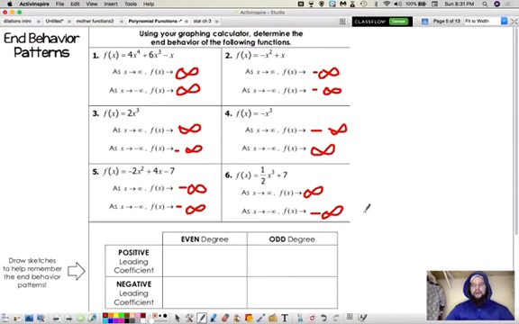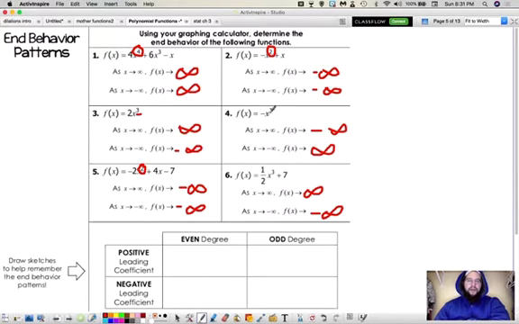Did you notice a pattern? Well, let's compare them. Sometimes they're different, and sometimes they're the same. If they're the same, look at your degrees. They're even. And if they're different, your degree is odd.